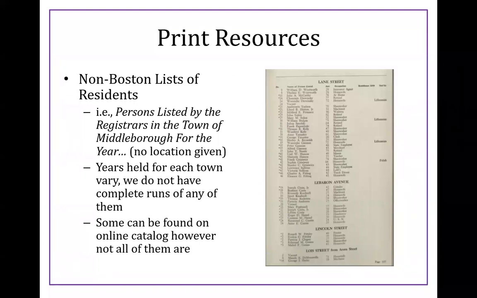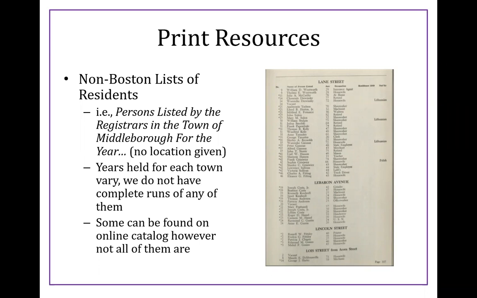Okay, so one of the little known collections that we have that doesn't get used very much is the non-Boston list of residents. This is just from Massachusetts. For instance, here we have an example from Marlborough. I believe that's for 1940. This is how they're going to show up in the catalog, at least how this one's going to show up.